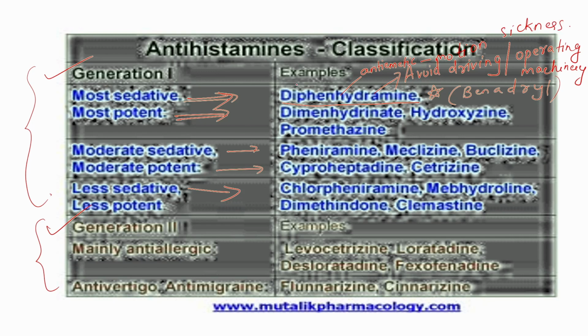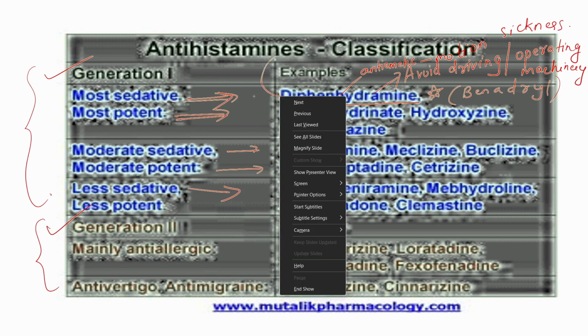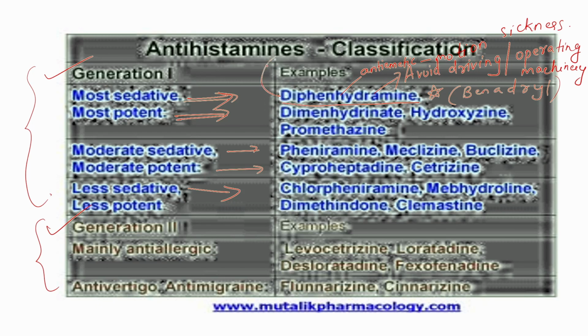And another important thing about this diphenhydramine is that this is contraindicated for patients with glaucoma. If there is glaucoma, this diphenhydramine is contraindicated, because these antihistamine drugs also have an anticholinergic effect.